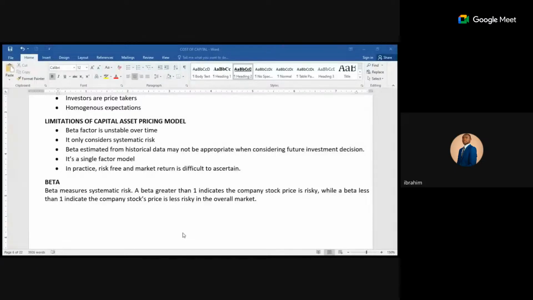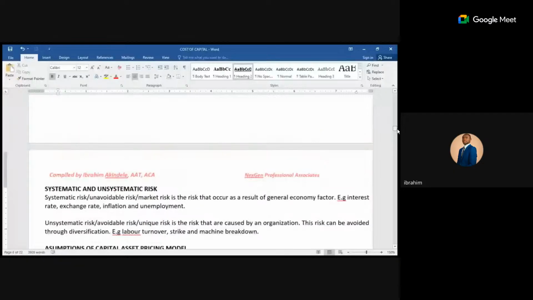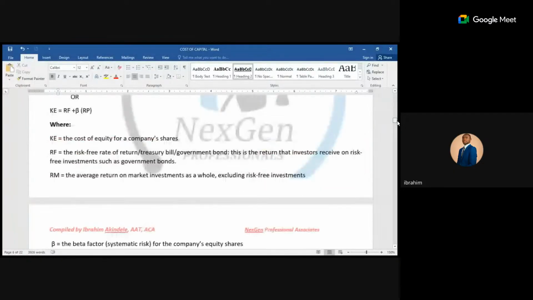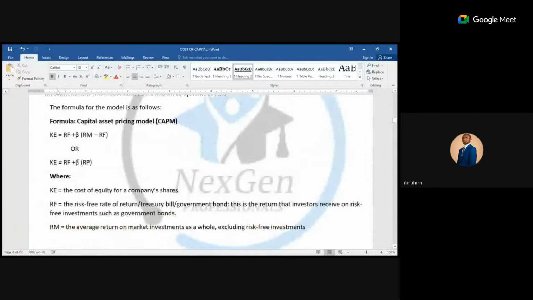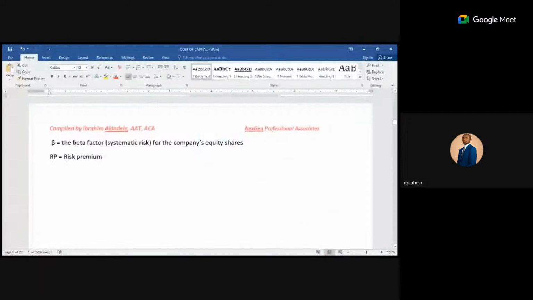If they ask you what is equity beta, don't forget that this beta, or equity beta, is extracted from this formula of CAPM. It is called beta. You can call it equity beta. This is it, beta. Systematic risk. Can you see?